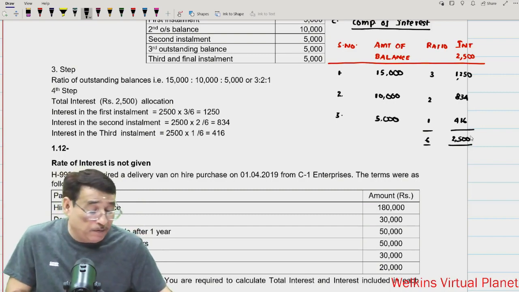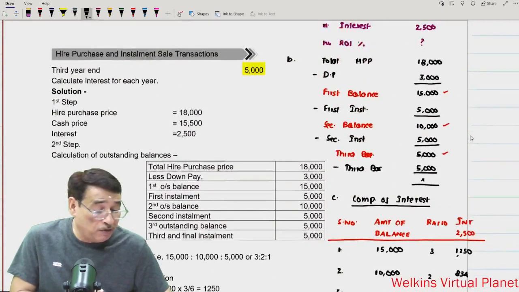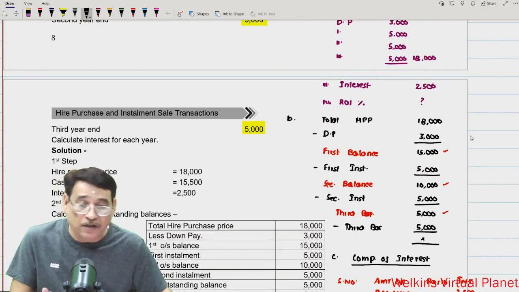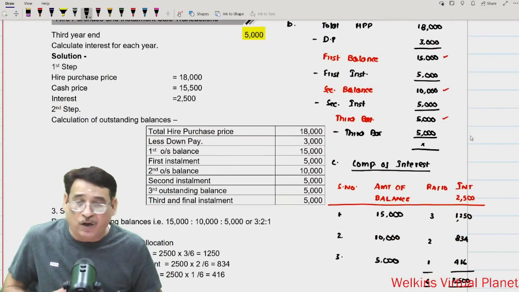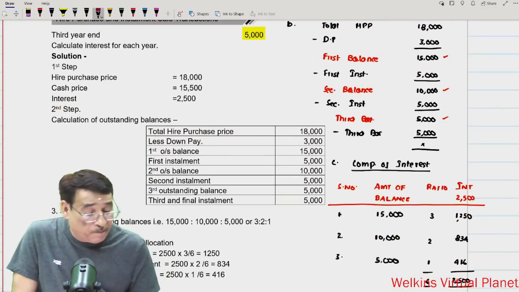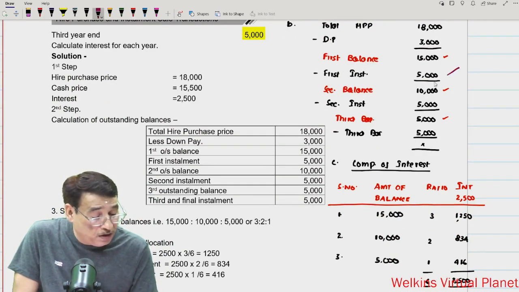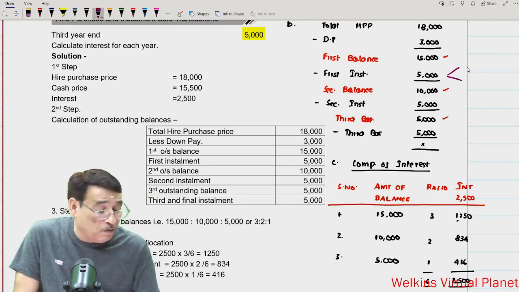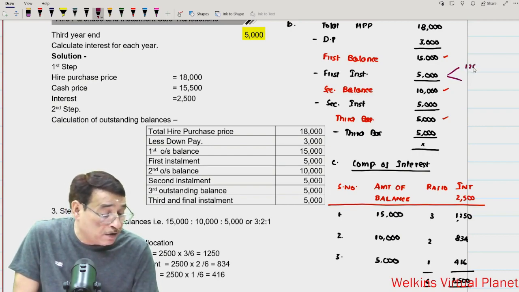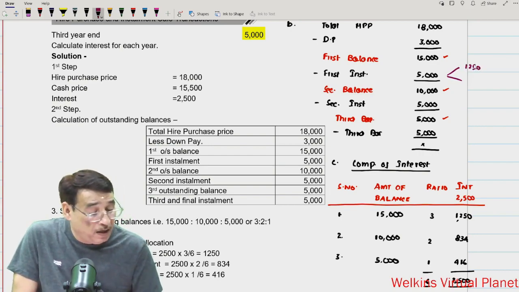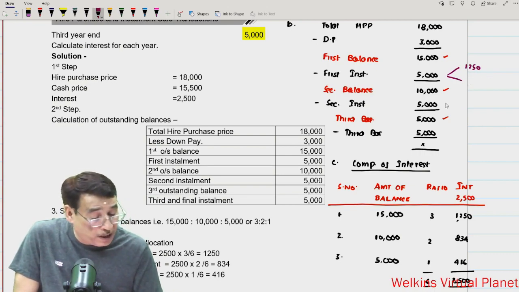That means now we have found out what the interest element in each installment is. For example, now I can say that as far as my first installment is concerned, this installment contains 1,250 as interest element, and the balance of course will be your cash price portion.